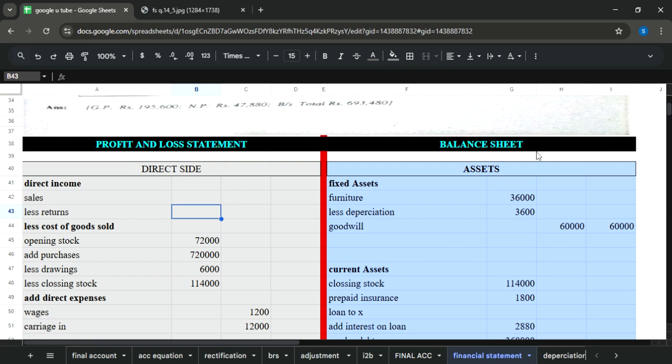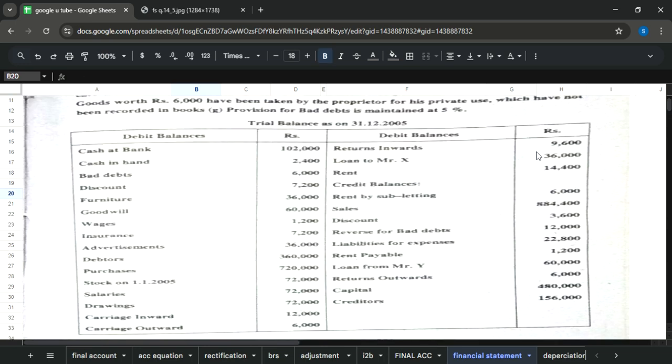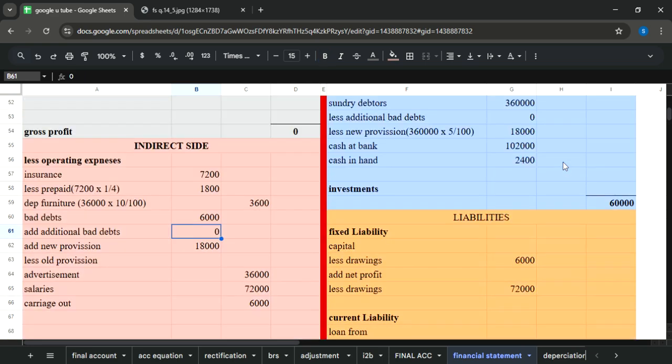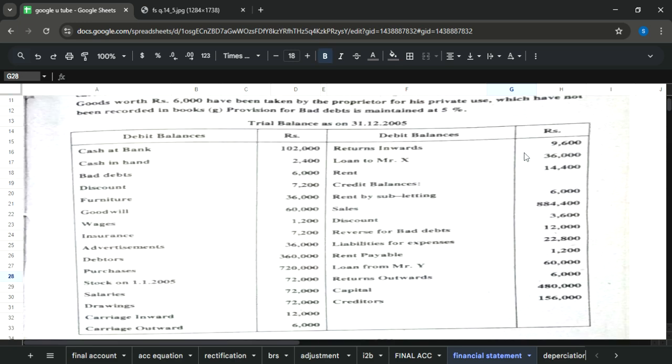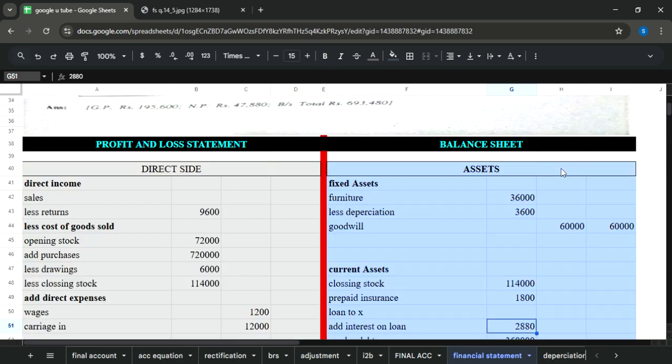Mention it over here. After returns we have loan to Mr. X. You have given loan, so it's an asset. I think we have mentioned it. Let's check it out. Loan to Mr. X. Yes, we have already mentioned. Look at here, loan to X, amount of which is 36,000. So write down 36,000 loan to X.